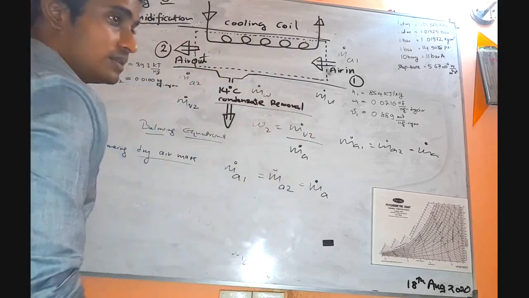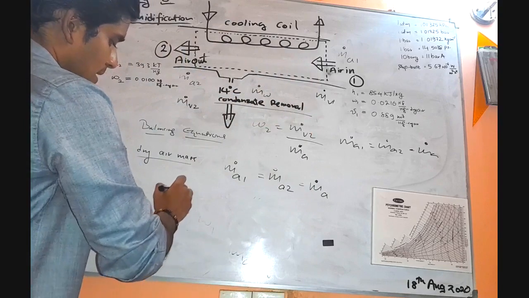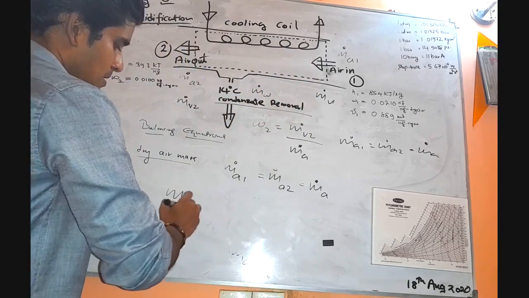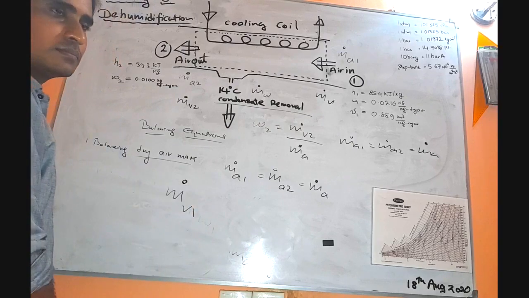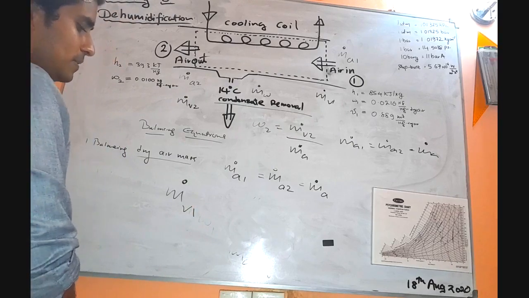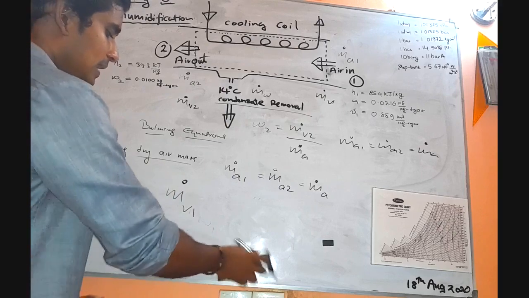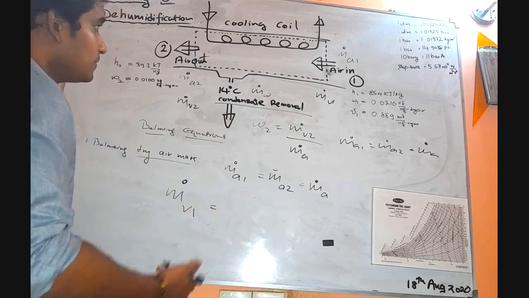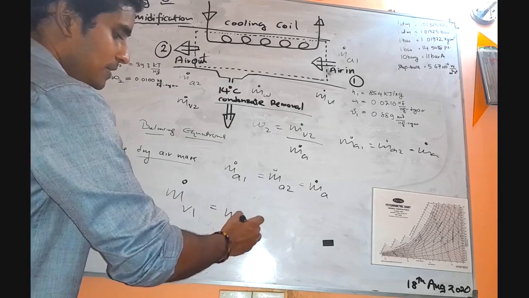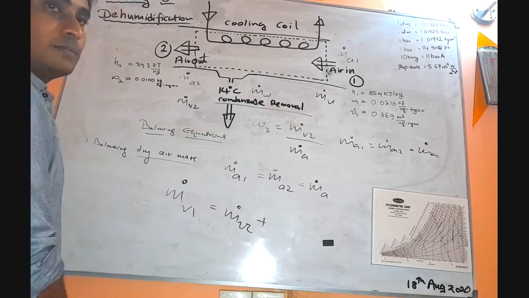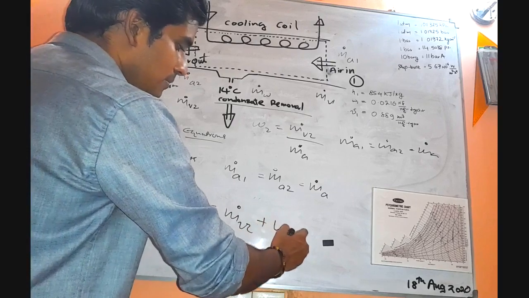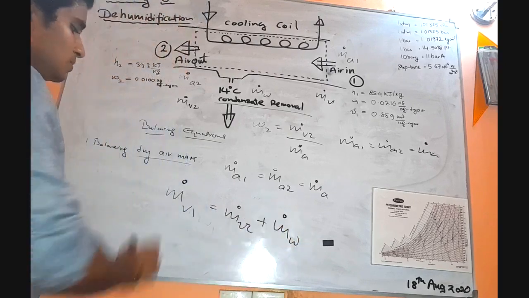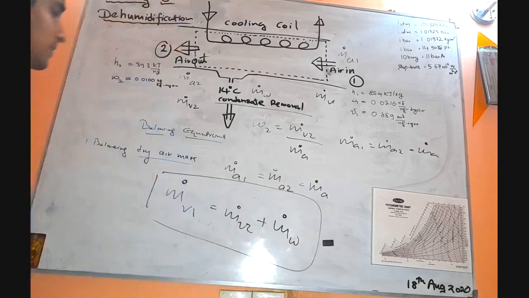So we can write it as mv1 dot, the mass flow rate of water vapor from the entrance, equals the mass flow rate of water vapor at the outlet, mv2 dot, plus the rate of condensate removal, mw dot. So this is the equation for the balancing of water mass.